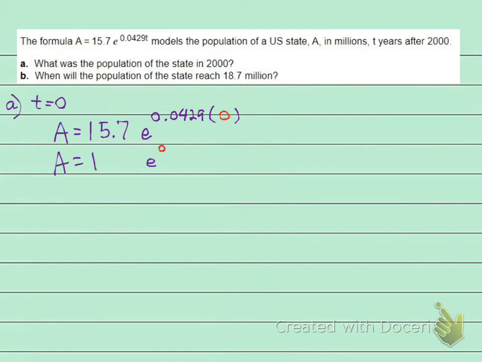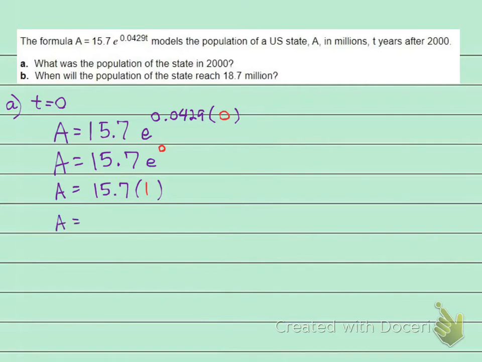A equals 15.7 times e to the 0. Anything to the power of 0 is just 1. So A equals 15.7 times 1. Anything times 1 is itself.